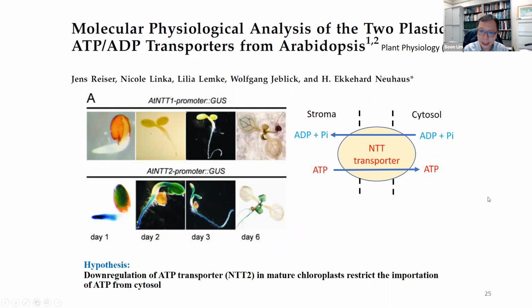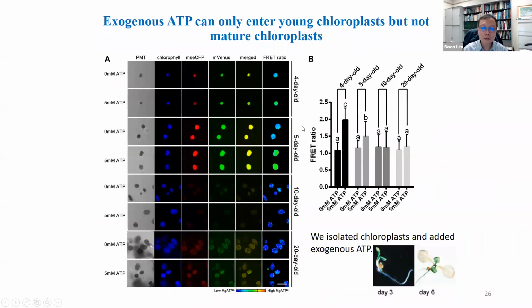To examine this, we isolate chloroplast that contain the ATP sensor from 4-day-old, 5-day-old, 10-day-old, 20-day-old seedlings or plants. After we isolate the chloroplast that contain the sensor, we add exogenous ATP.